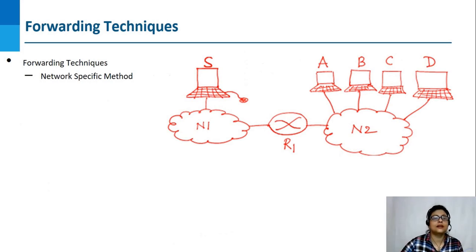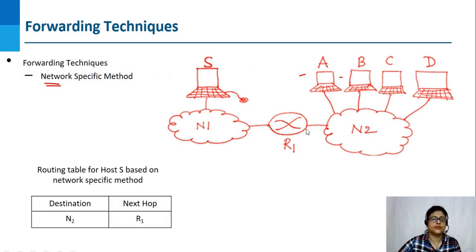Let us now understand the network specific method of forwarding technique. In the network specific method, instead of the particular host, the particular network will be given in the routing table. If we have a host S, which is the source node, and the destination is any of the hosts like A, B, C or D, the routing table will not indicate their presence.